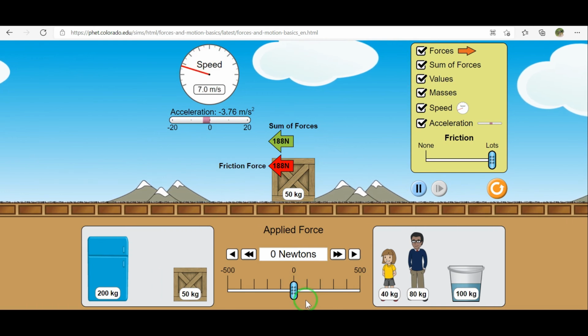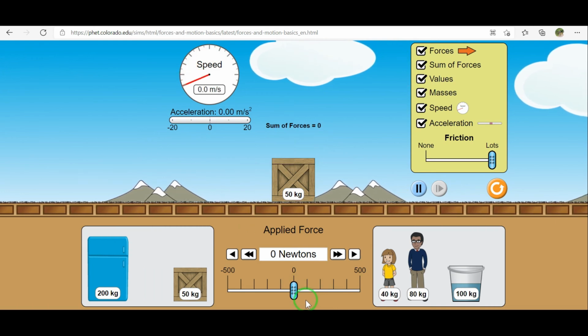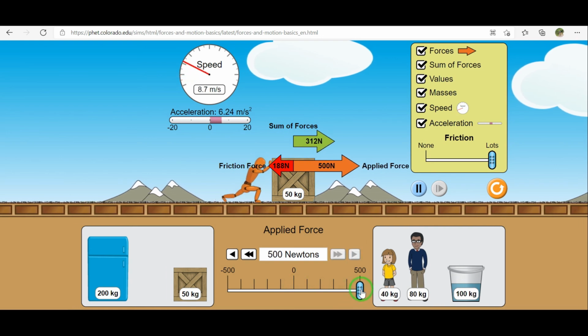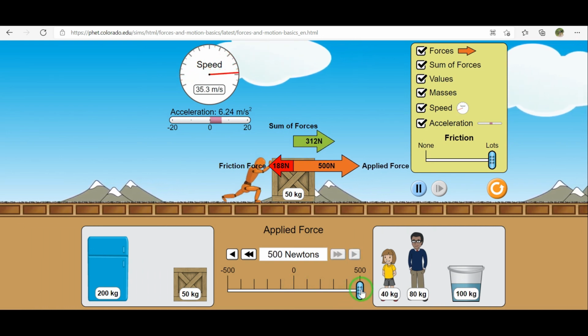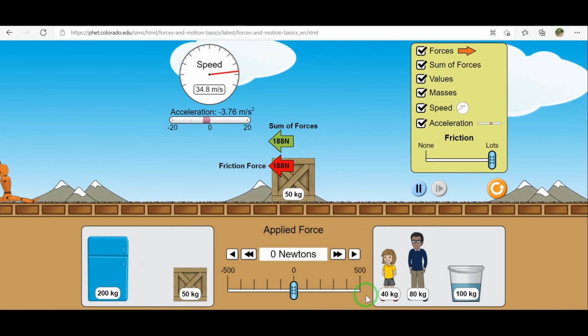And then after some time the object comes to rest. If I ask you why it comes to rest, definitely the answer is friction force. And where is the friction force? Friction force is between the floor as well as the 50 kg object. Let me repeat this. I have applied 500 newtons of force, right? And then leave it.